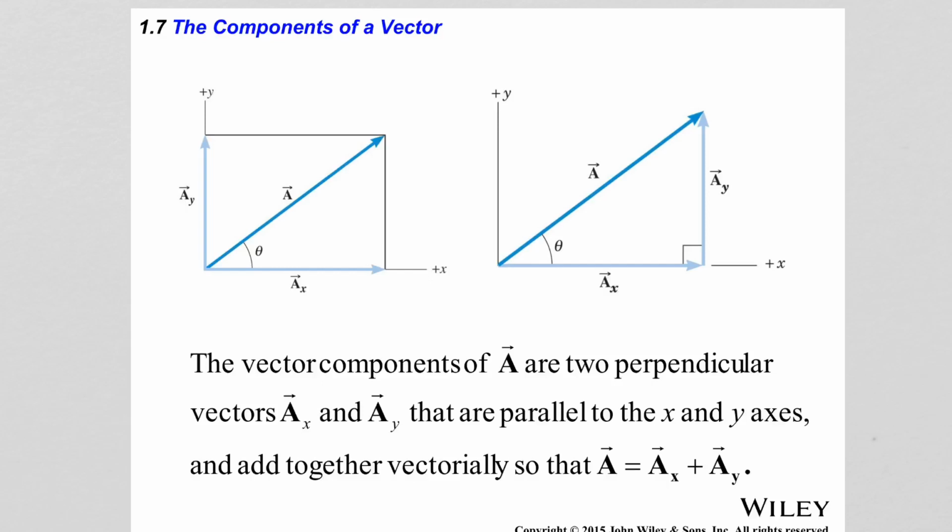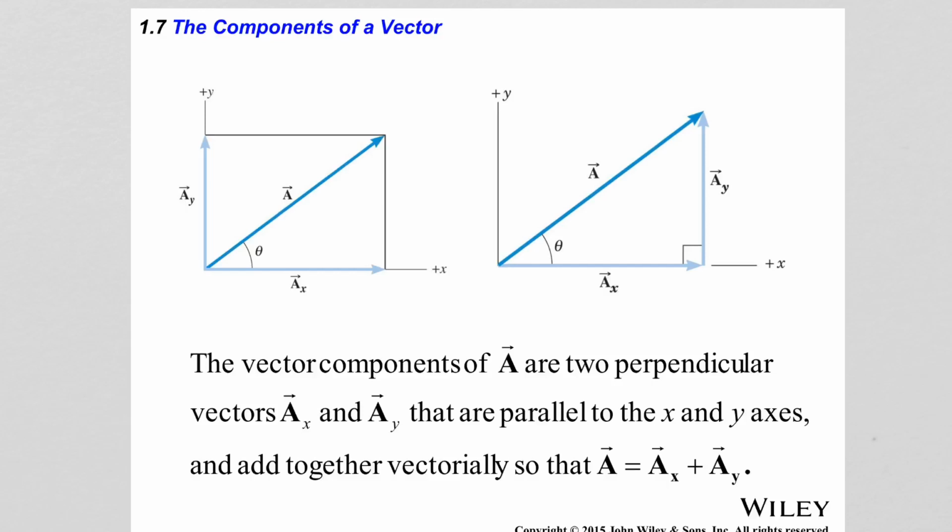The same representation can be achieved by sliding vector ay parallel to itself until it is overlaying the positive y-axis. And so that's what we see here on the left side. So vector A is presented as the sum of vectors ax and ay, ax being along the positive x-axis, ay being along the positive y-axis.